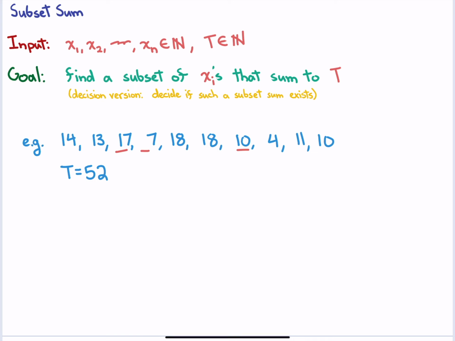Okay, 34, and then what? 11, 45, 18. That seems correct, doesn't it?